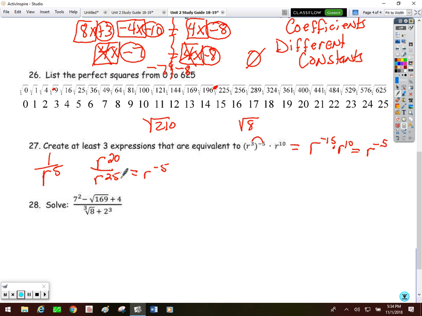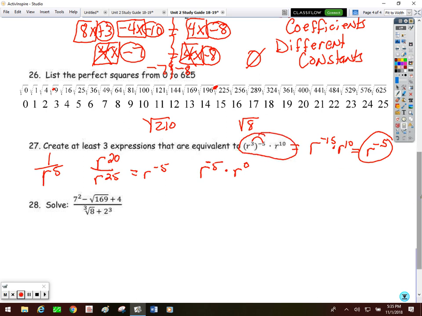Well, that's 25, because 20 minus 25 is negative 5. I could do something like this: r to the negative 5th power times r to the 0 power. Remember, anything to the 0 power is 1, and 1 times this would be itself, or you also are adding. Okay, so anything like this that you can come up with that turns out to be r to the negative 5th power. But don't worry, on your test tomorrow, you're going to have answer choices. So just be able to recognize first, you've got to understand what this answer is.